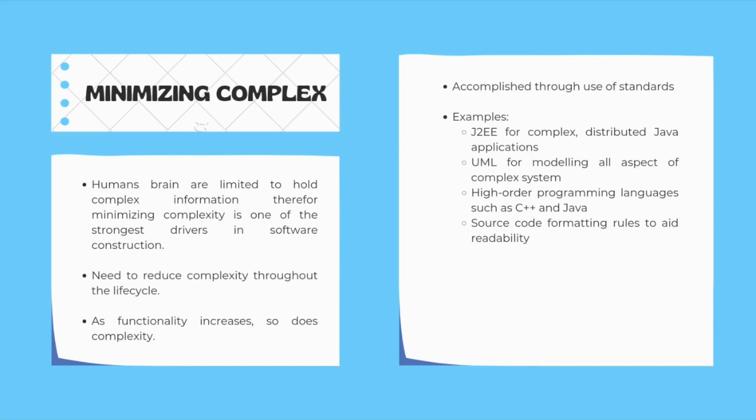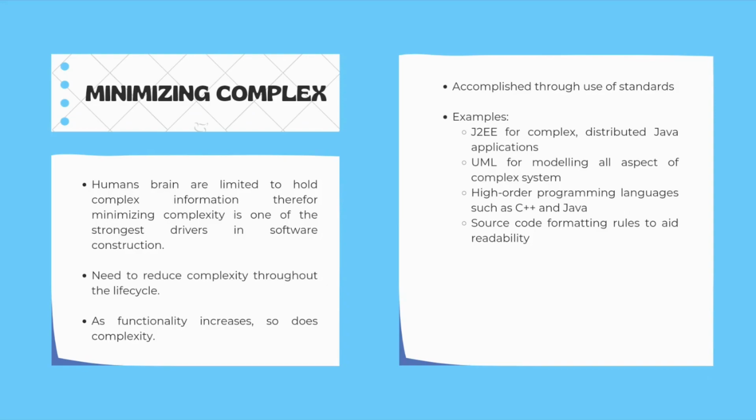Moving on, minimizing complexity. Human brains are limited in holding complex information, therefore minimizing complexity is one of the strongest drivers in software construction. It is necessary to reduce the complexity throughout the life cycle, so that we can make the workload a lot more efficient. However, as functionality increases, so does complexity, since during the construction of a system, it is normal for clients to add some requests, therefore increasing the functionality.